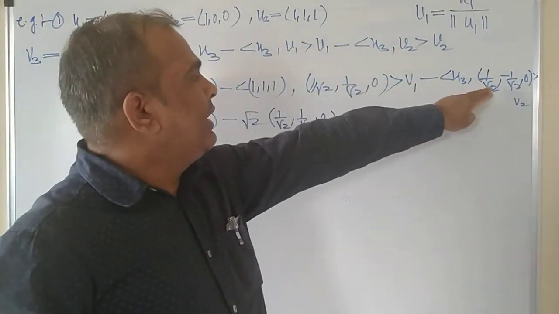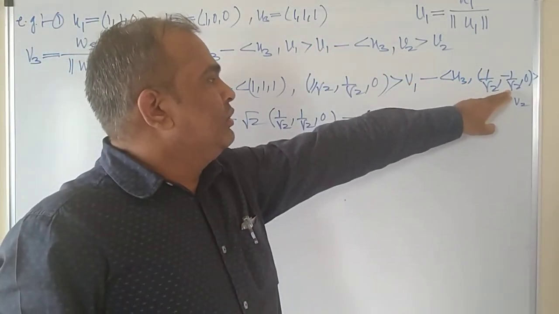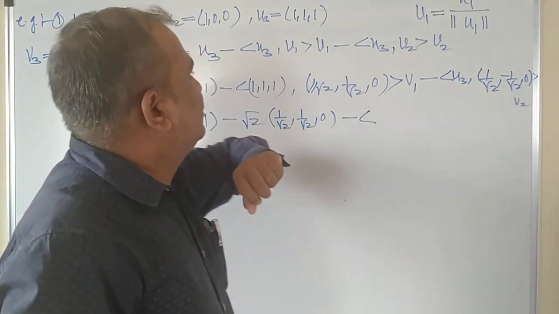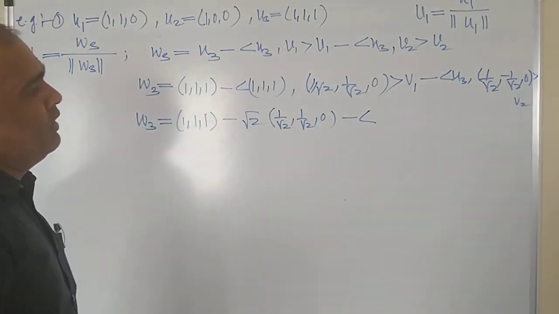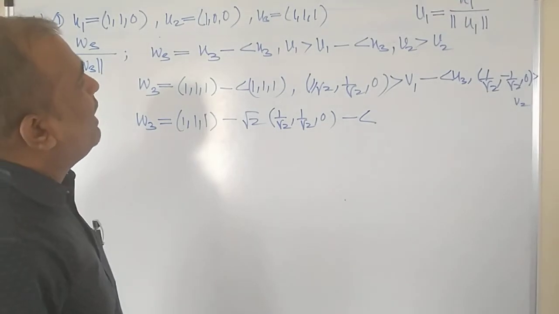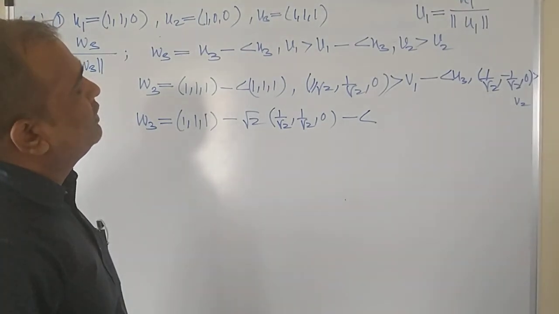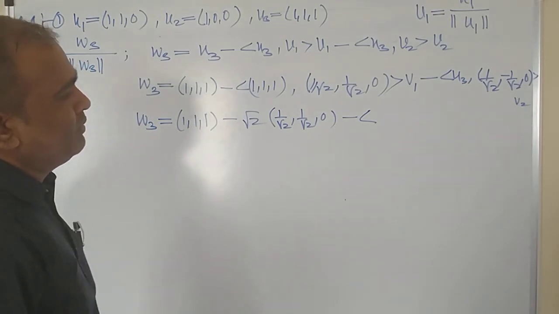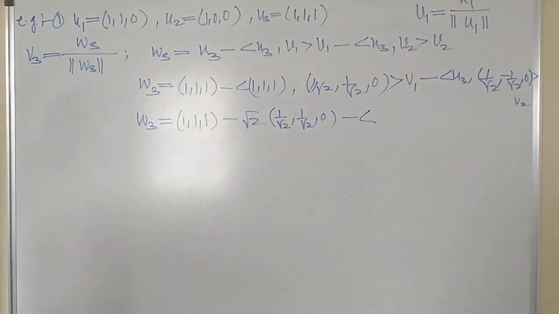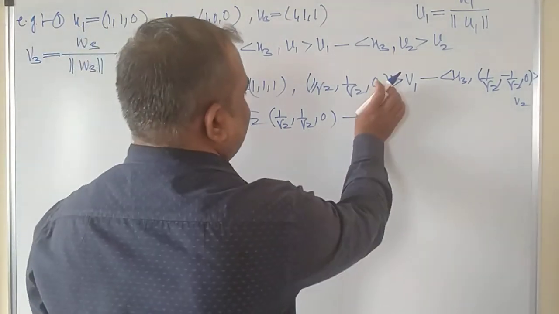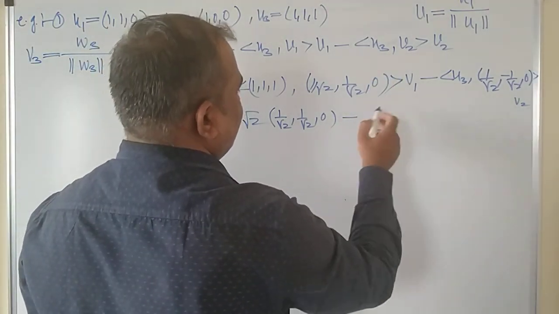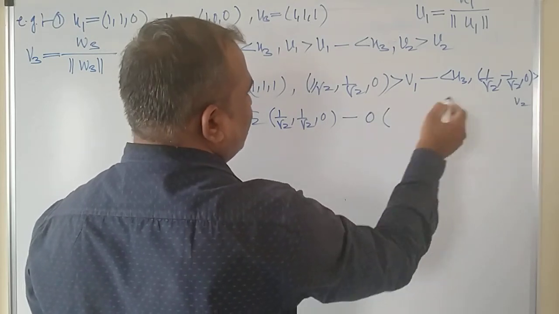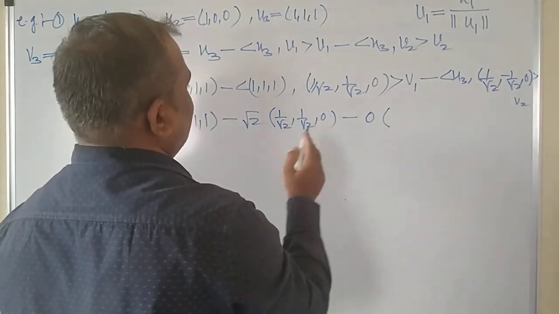So triple one and multiplication of 1 by root 2, minus 1 by root 2 and 0 will be 1 by root 2 minus 1 by root 2 and 0. That means it will give you 0 only, right? So the inner product will be a 0 into V2. Now what is V2?